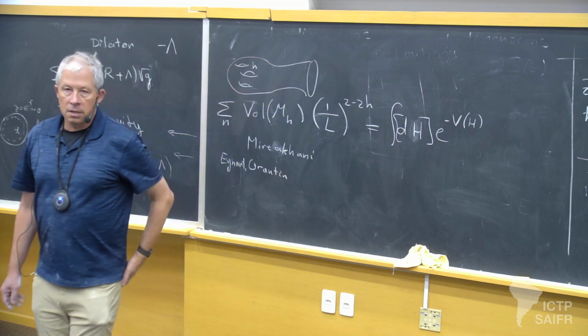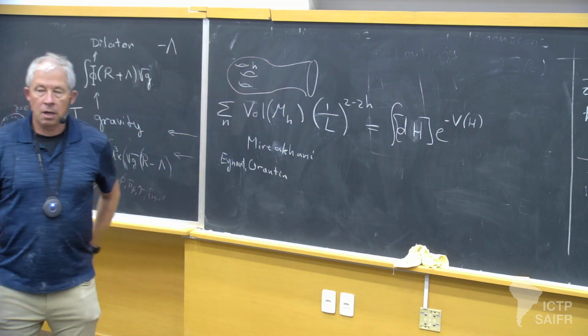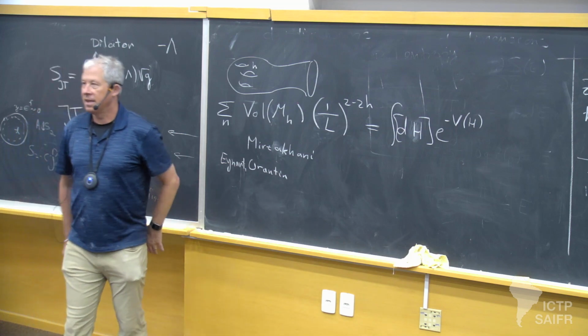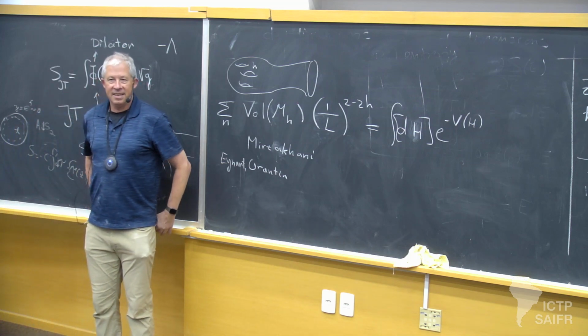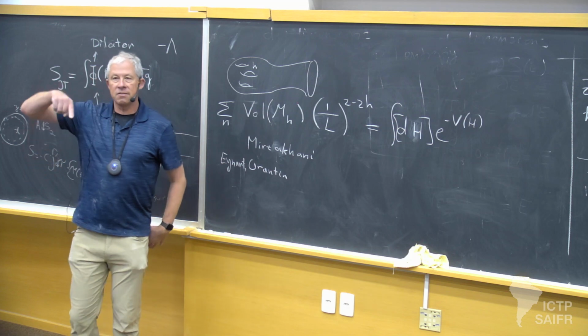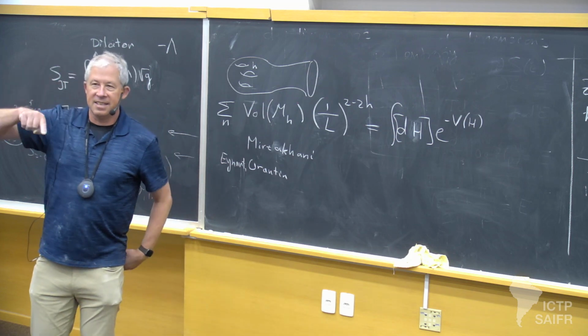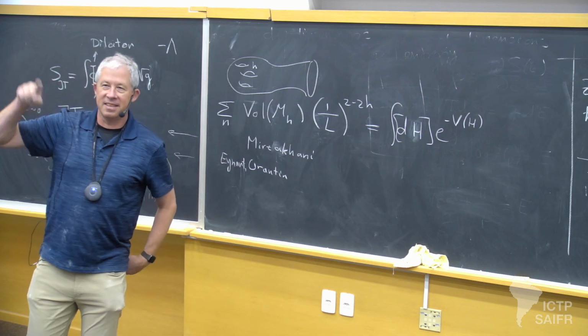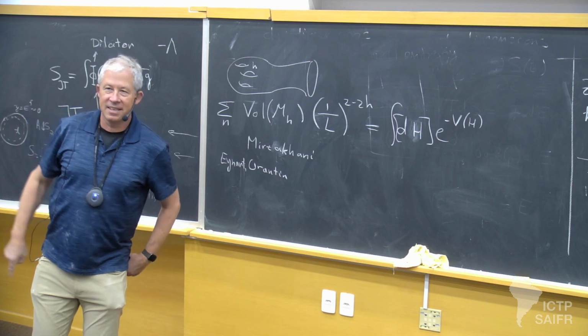Twenty years later, 't Hooft and other people started thinking about large N QCD, where the size of the matrix is the number of colors in QCD.